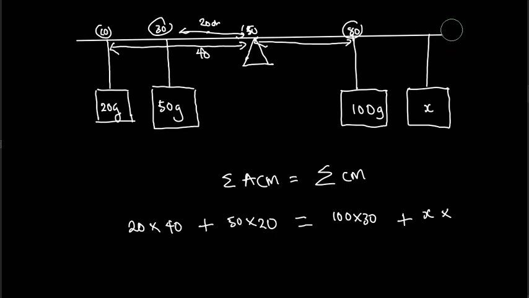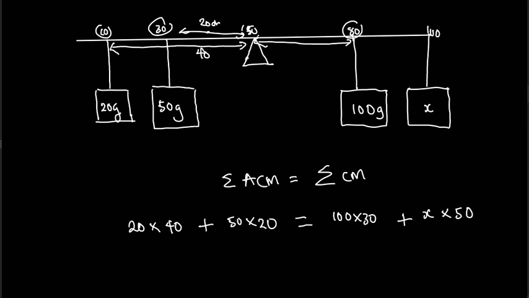Let's say it was kept at the extreme edge. So the distance from the edge, which is the 100 cm mark, to the fulcrum is going to be 50, right? So times 50.